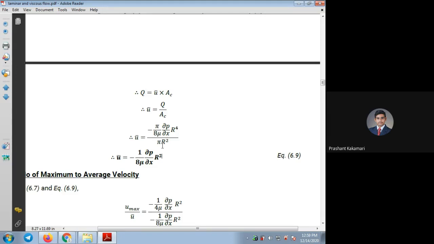That's why the final equation is minus 1 by 8 mu dou P by dou x into R square. So if you know the radius of the pipe, pressure difference, linear horizontal distance dx at which you are finding the average velocity, and viscosity of the fluid, if you know these things, one can find out the average velocity magnitude.